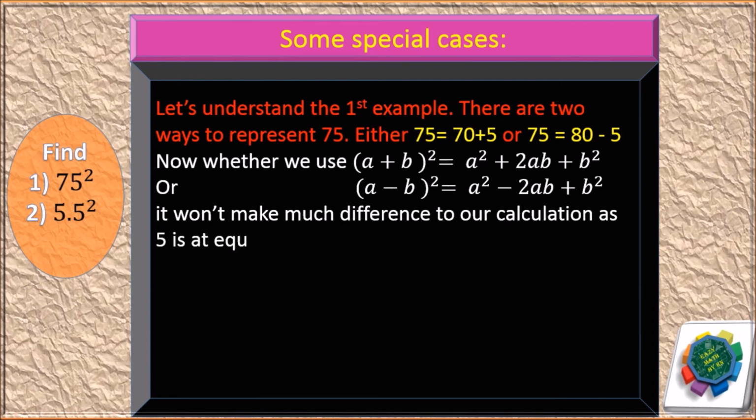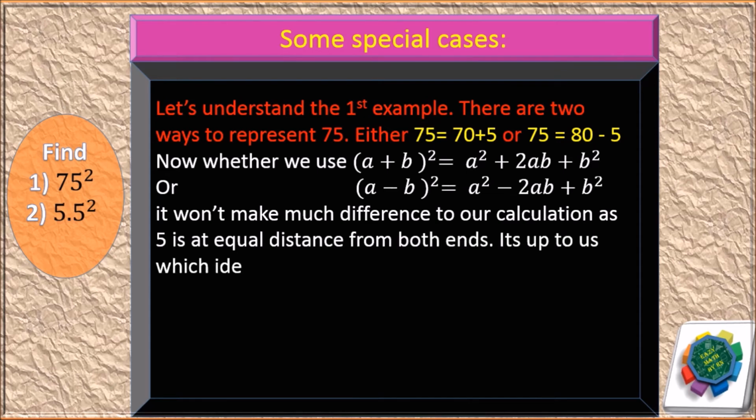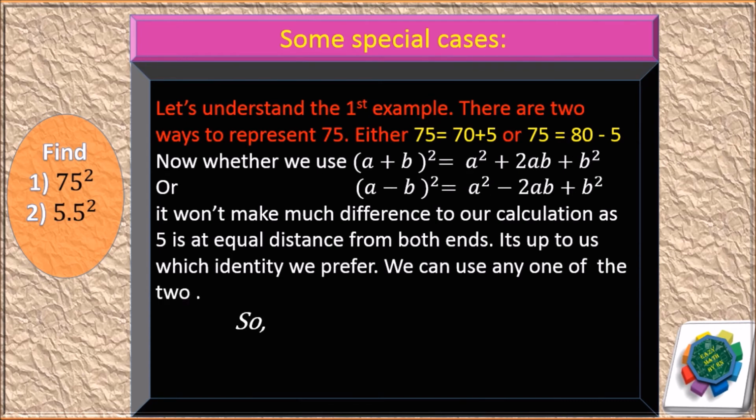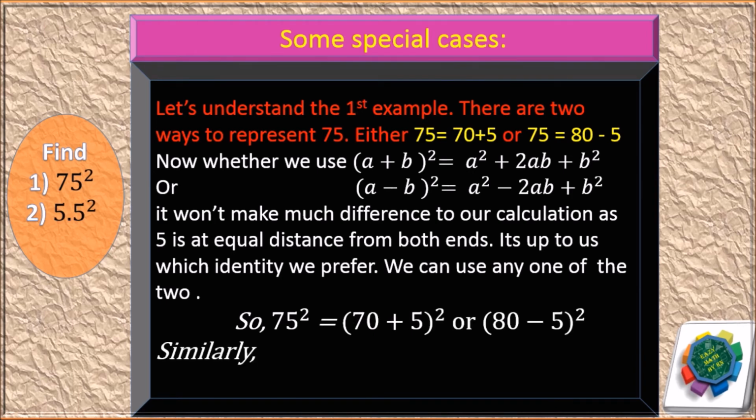It's up to you what you are more comfortable with, whether you like to add all the three numbers or you want to add and subtract. So you may write 75 square as (70 plus 5) the whole square or (80 minus 5) the whole square. In the same line we can have 5.5 as 5 plus 0.5 or 6 minus 0.5.